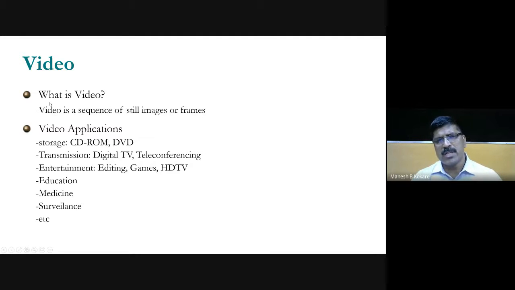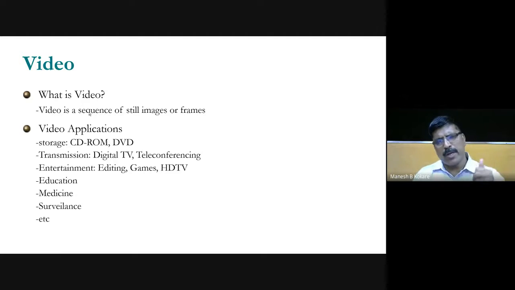So what is video? Basically, video is a sequence of still images or frames. In the very first lecture, we studied the dimension of signals. For example, a speech signal is recorded with respect to time. Your x-axis is time, y-axis is amplitude, and speech is recorded with respect to time, where the x-axis variable is the time variable and the y-axis variable is the amplitude variable.